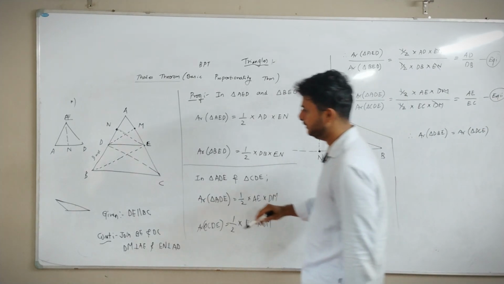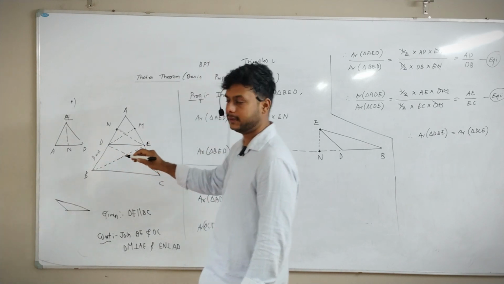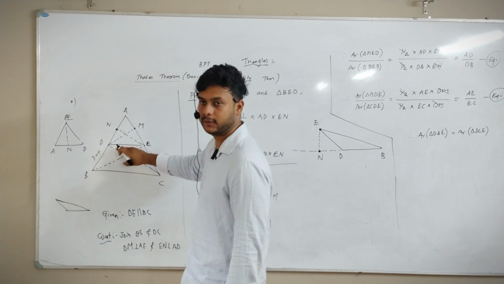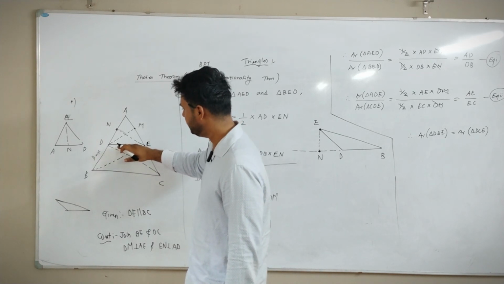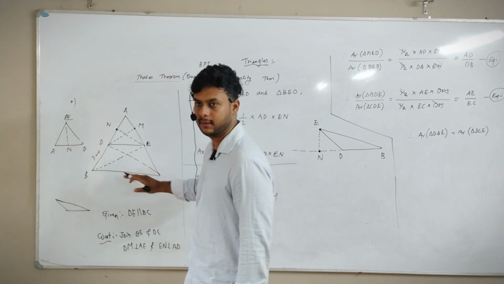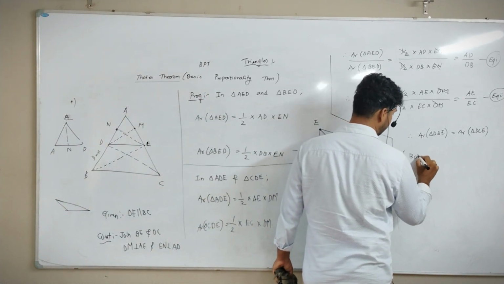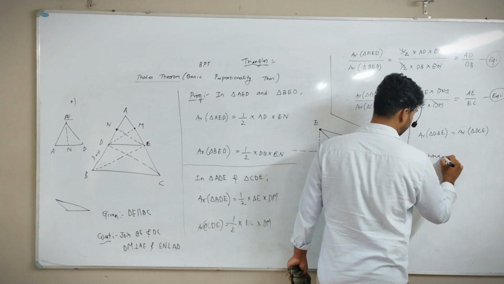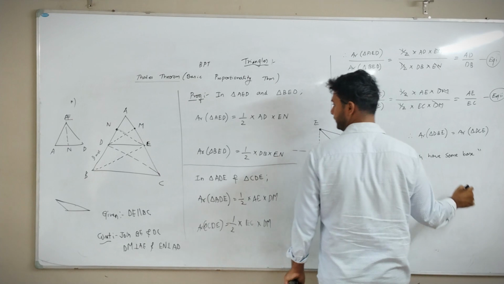This triangle DBE is equal to DCE because they both stand on the same base DE, and both are in between the same parallel lines. What is the base?